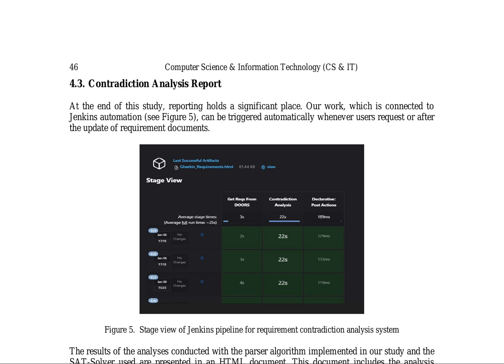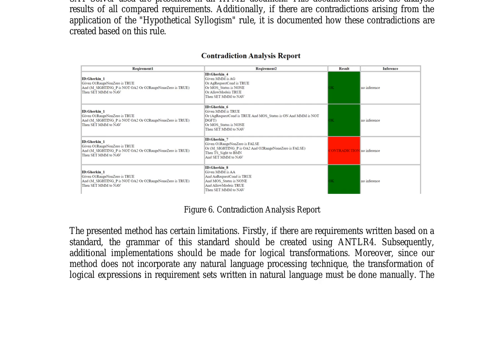The paper also describes the contradiction analysis report generated at the end of the study, which is connected to Jenkins automation and includes the analysis results of all compared requirements. However, the method has certain limitations, such as requiring the creation of a grammar for requirements formats using ANTLR4 and additional implementations for logical transformations.